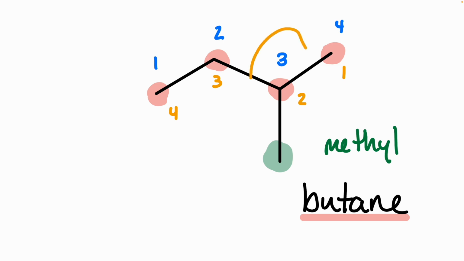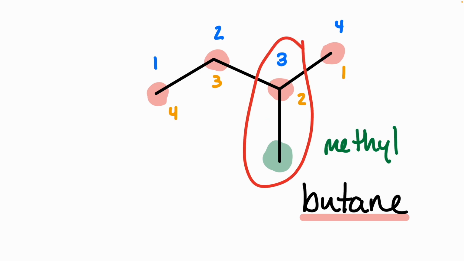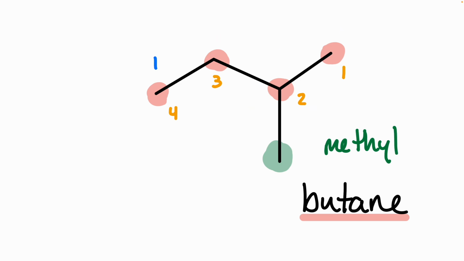So I'm looking at this methyl group right here. So am I going to pick the blue numbering scheme or the orange numbering scheme for that methyl group? Orange. I want it to be the lowest possible number. So absolutely, we're going to number in this direction here. So the locant of that methyl group is carbon 2.